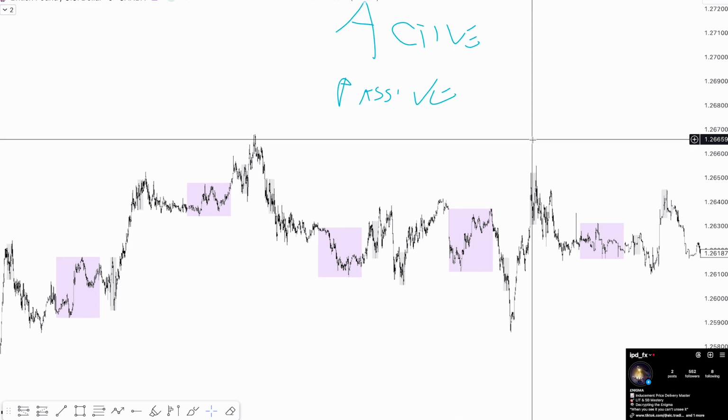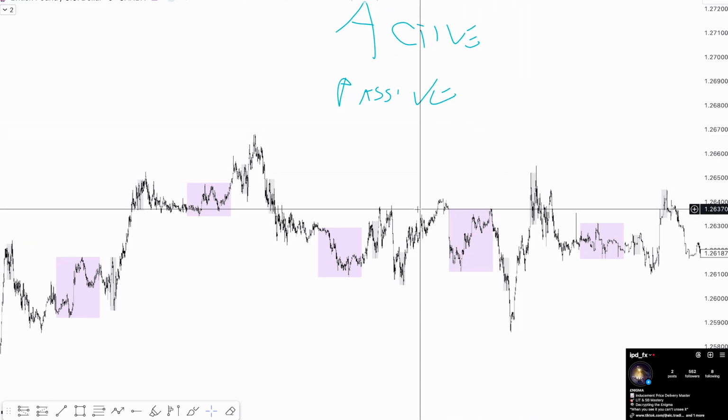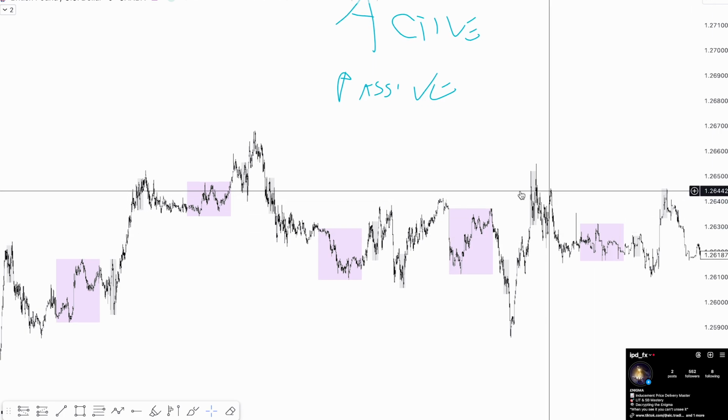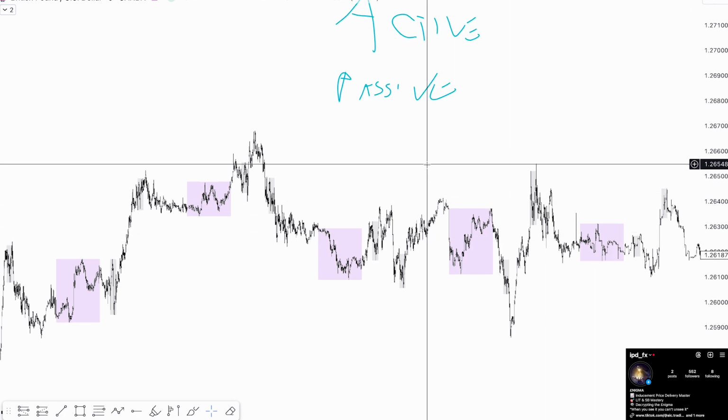The order book is important because it tells you where the liquidity is situated, and of course it's an advantage to know where the liquidity is. It's also important to understand that the stop hunt, what everybody tells you about, doesn't really exist.